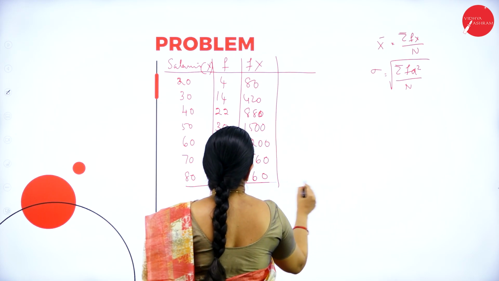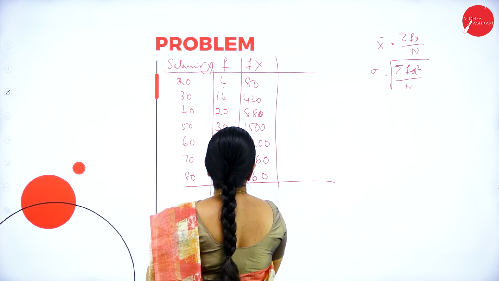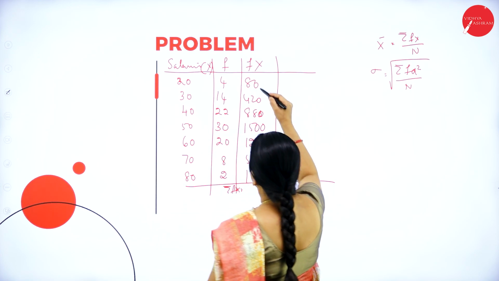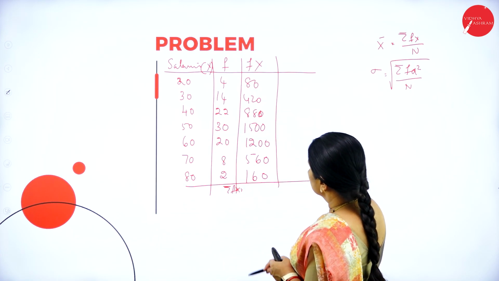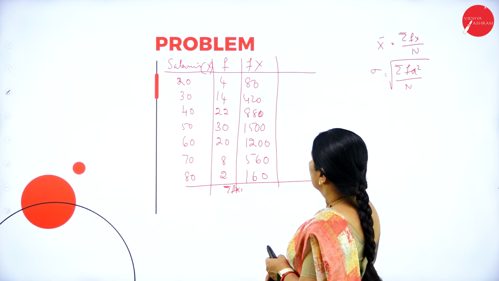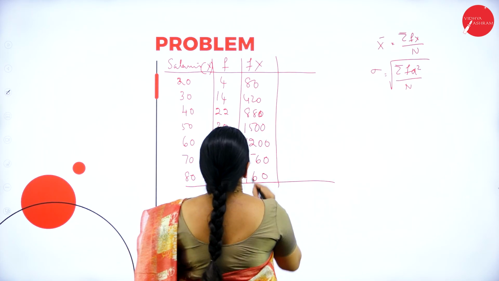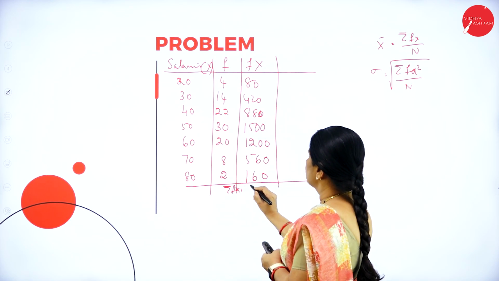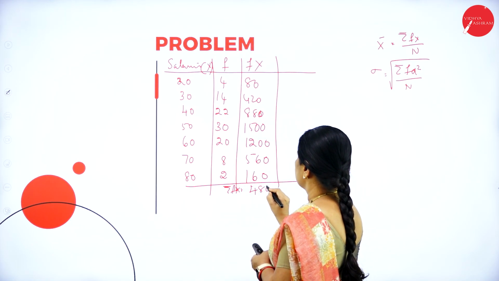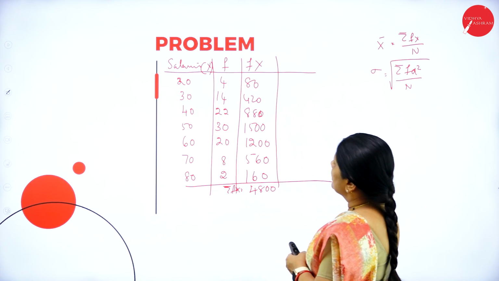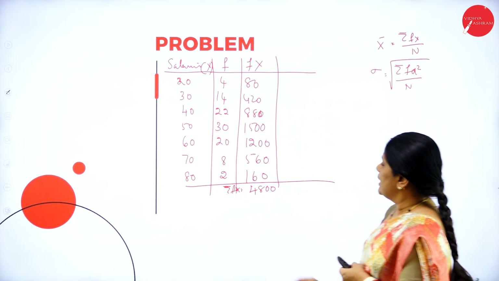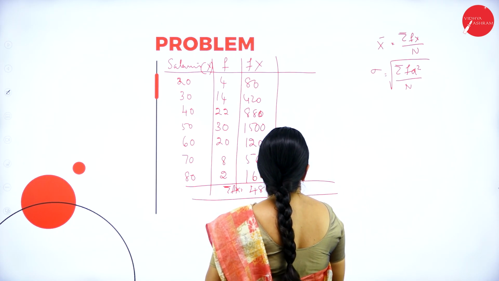Now sigma fx will be equal to the addition of all these values here. When we add all these values, I get the answer as sigma fx equals 4800.